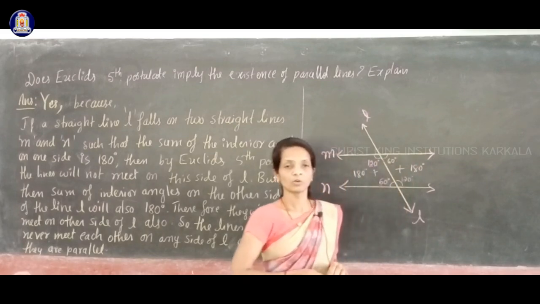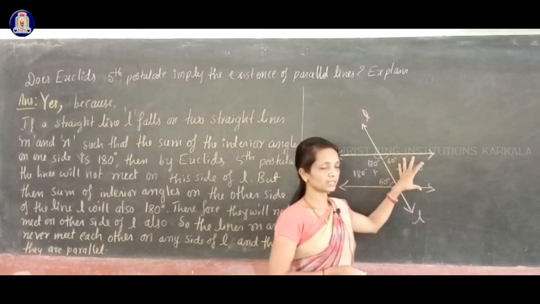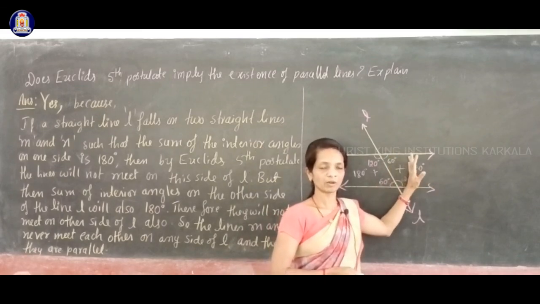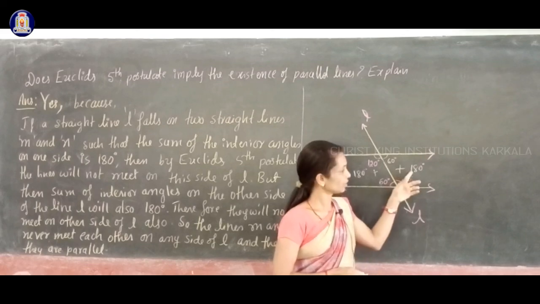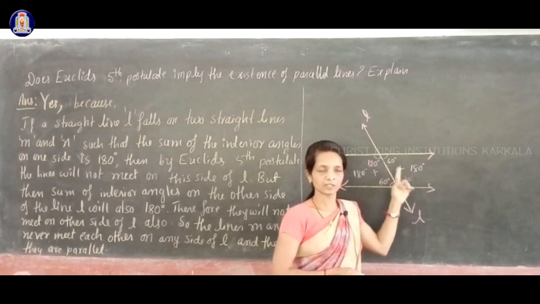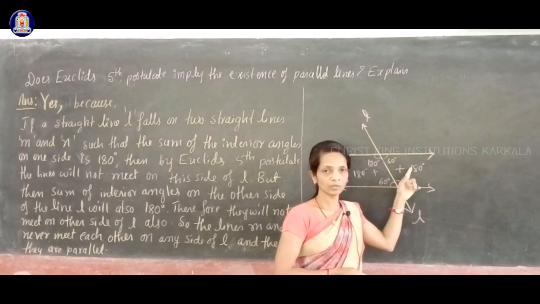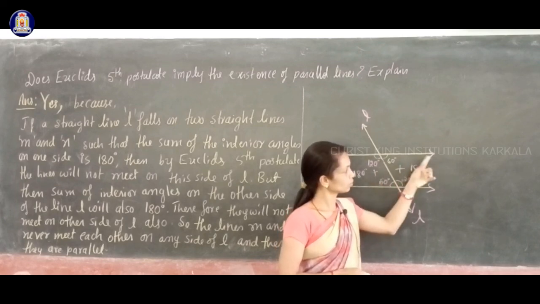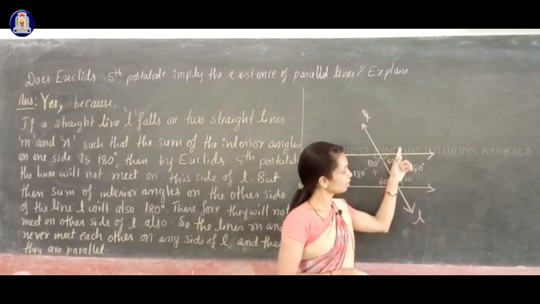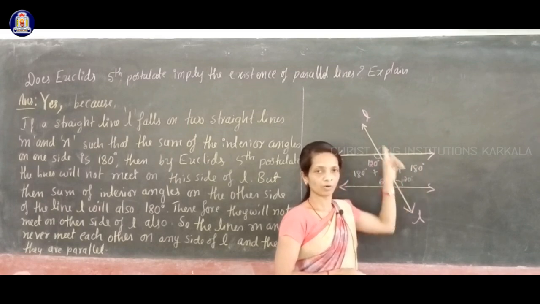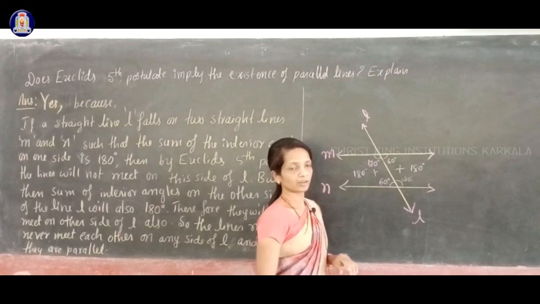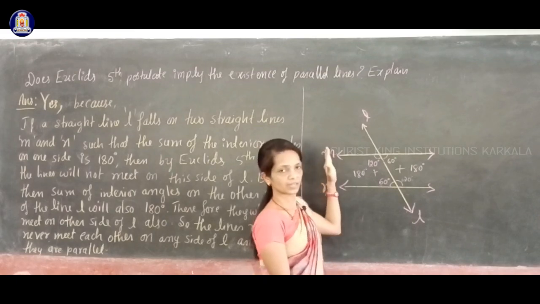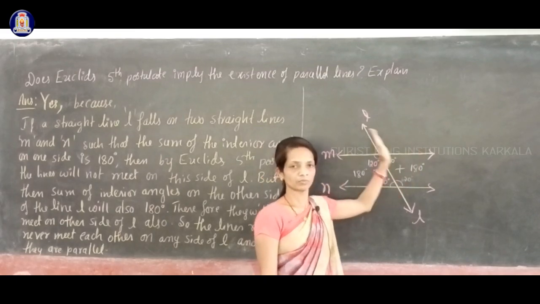According to Euclid's fifth postulate, these two lines will meet on the side on which the sum of two interior angles is less than 180, but here the sum is not less than 180, it is equal to 180. So these two lines M and N will not meet on the right side of L also.